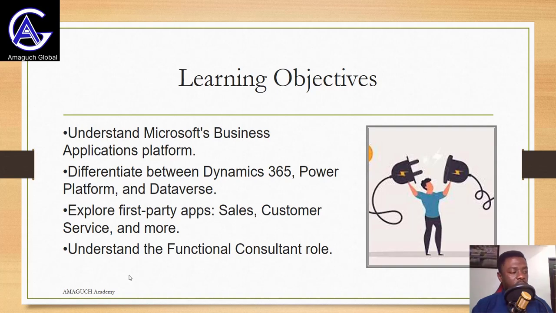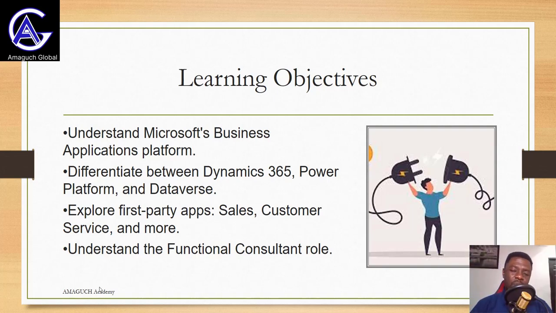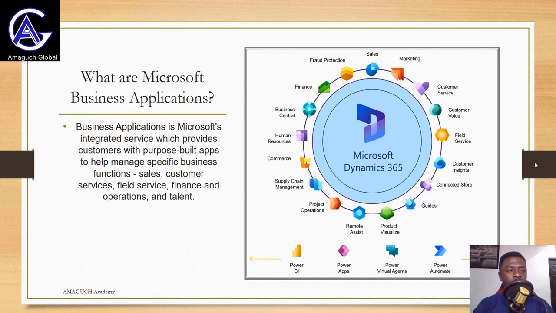We're also going to explore the first party apps in the CRM, because this training is majorly for Dynamics 365 CRM functional consultancy. So we're also going to understand the functional consultant role: what are the things that will be expected of you in the course of this training, and maybe in a real life project, as the case may be. Let's go to our next.